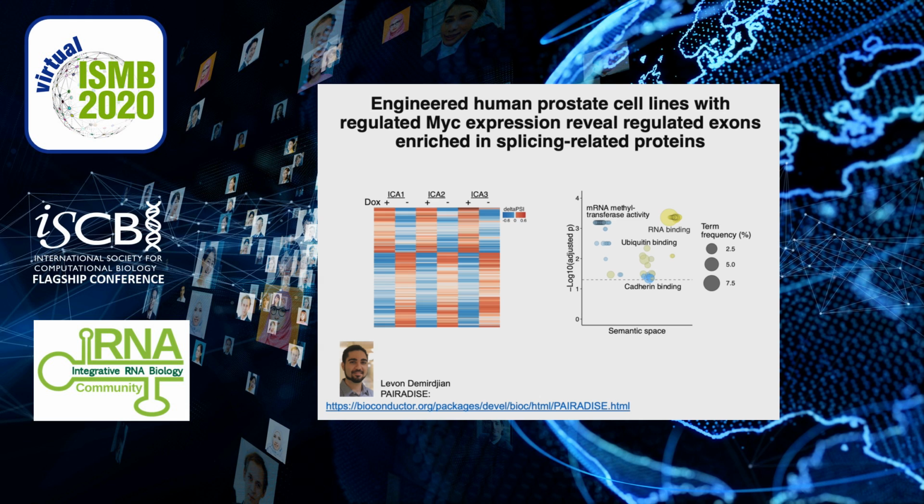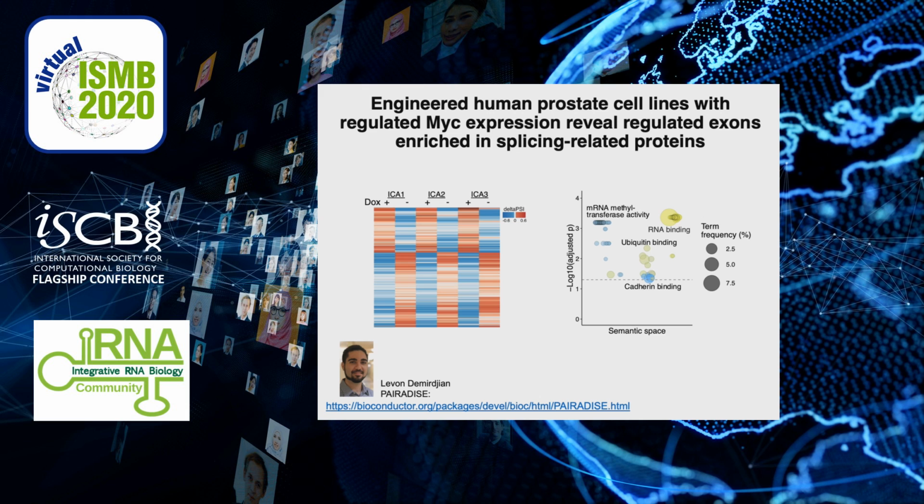We sequenced 3 biological replicates of the engineered cell lines under 2 conditions, MYC overexpression and withdrawal. By performing a paired test, as I show you here, we're able to identify over 1,900 MYC-dependent splicing events.